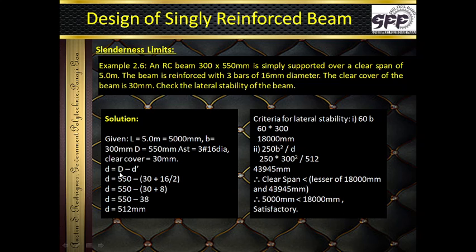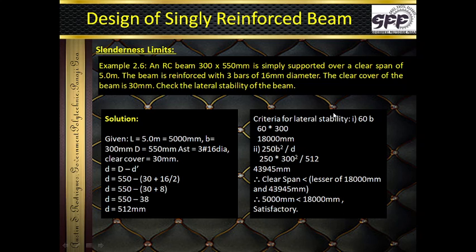Effective depth d is overall D minus the effective cover. So d is 500 minus (30 plus 16 upon 2), that is 500 minus 38, which is 462 mm. Now having got the effective depth, let us look at the criteria for lateral stability.